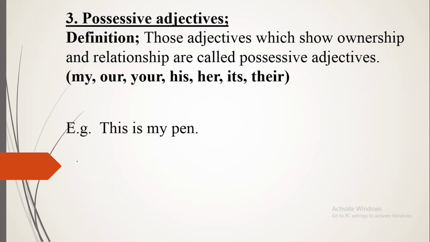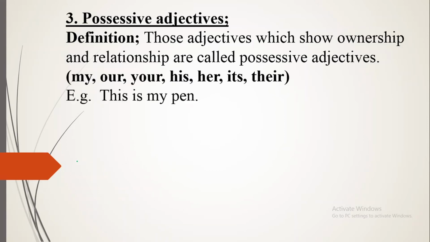As I told you, my, our, your, his, her, its, and their. They are used as possessive case for first person singular and plural, my and our, your as second person, and the rest as third person: his, her, its, their.